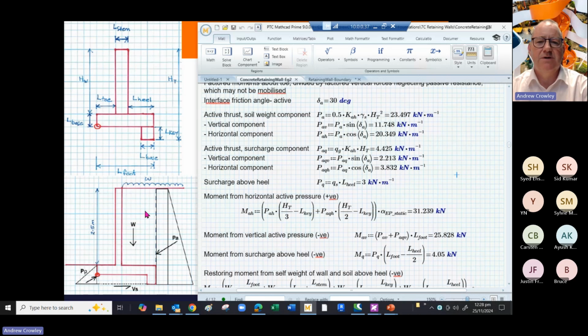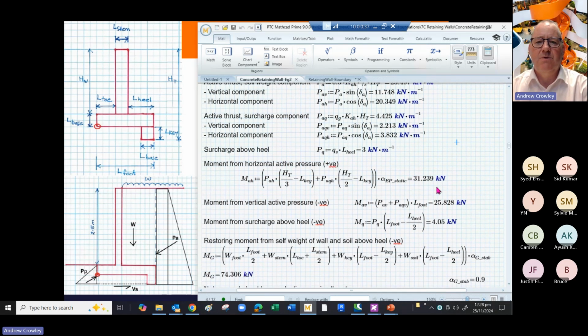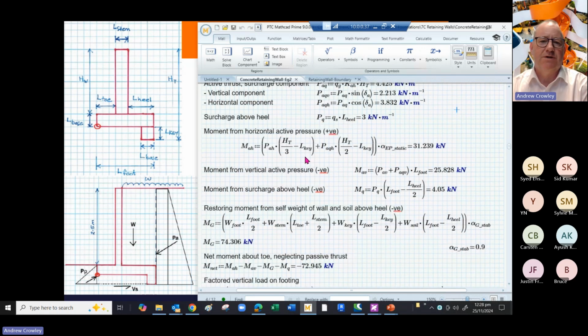That's this thing here marked as W on the diagram, but it's worked out as PQ here, of 3 kilonewtons per meter. Then we work out the moment from the horizontal active pressure, by taking the forces and multiplying by the lever arms, and we get out 31 kilonewtons.